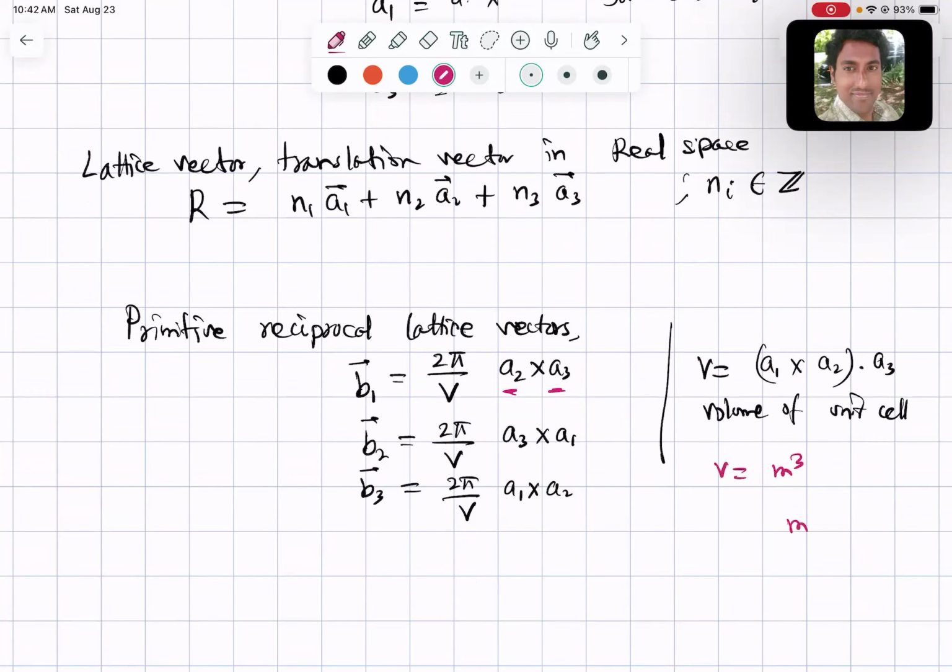So if you divide meter squared over meter cubed, you have 1 over meter, 1 over unit of distance. So they have the inverse Angstrom unit. Angstrom is 10 to the minus 10 meter, like an atomic distance unit.